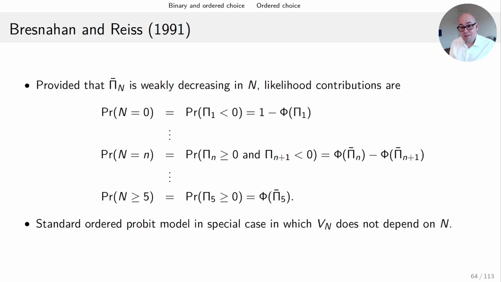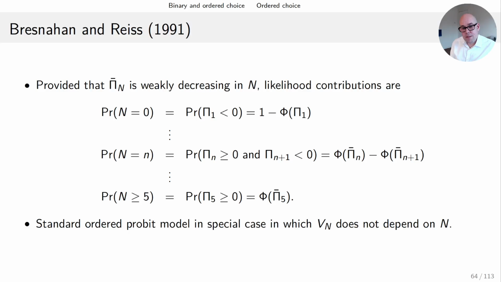This is variable profits. So if variable profits would actually not depend on n, then we would exactly get a standard ordered probit model, and then we wouldn't even have to code up this model in, say, MATLAB to estimate it. So then we could use any statistical package that has the ordered probit model implemented.